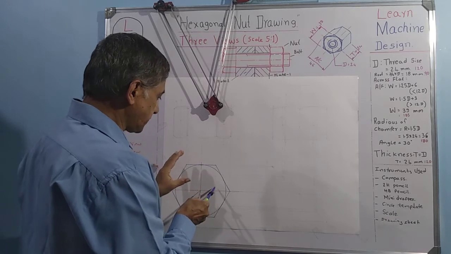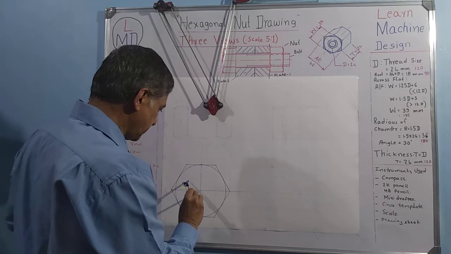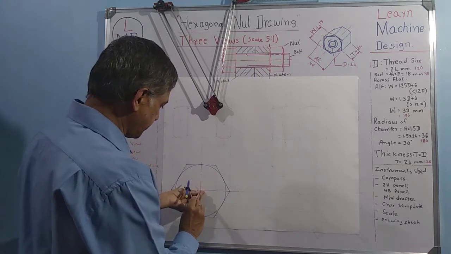Normally the nut size circle will be drawn with an open-ended condition.